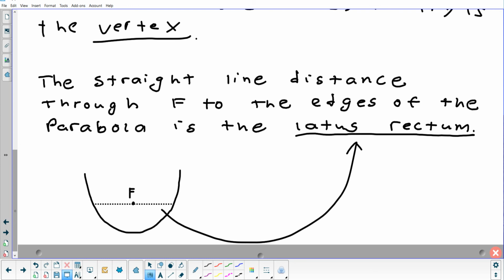So it's the width of the parabola specifically through the focus. Not something we're going to focus on a lot, but if you see the word latus, then you know it's talking about the width of the parabola through the focus. Any question on that?